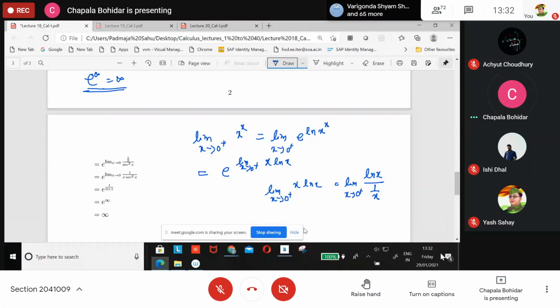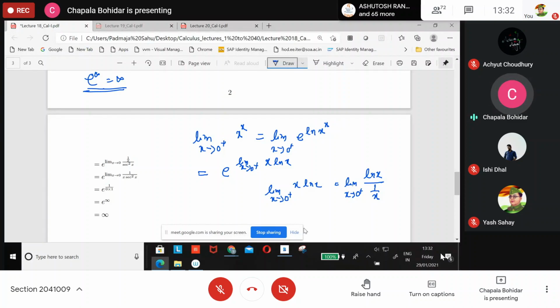So here as x tends to 0 plus, ln 0 plus is minus infinity, and 1 by x is infinity.